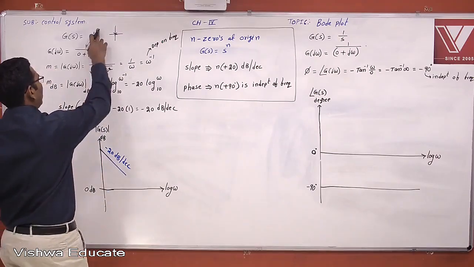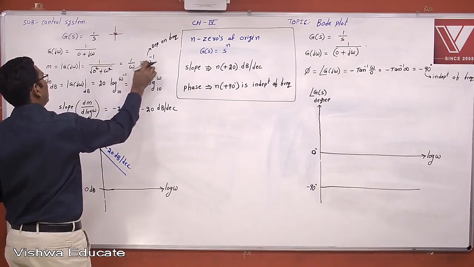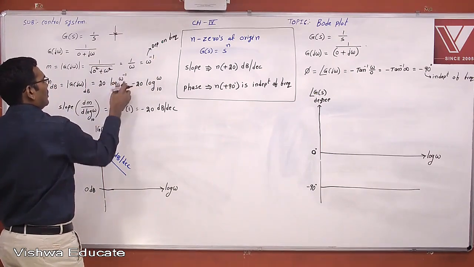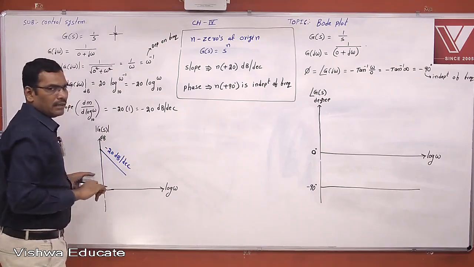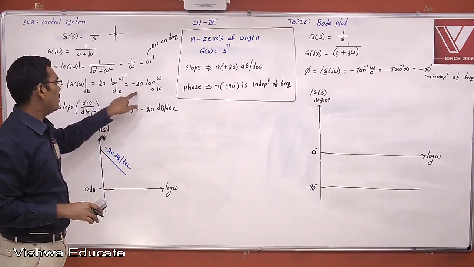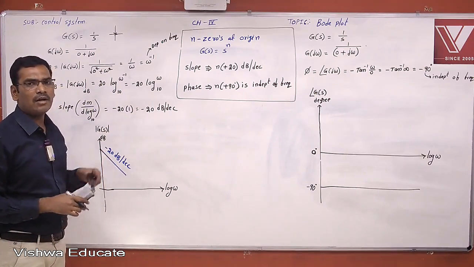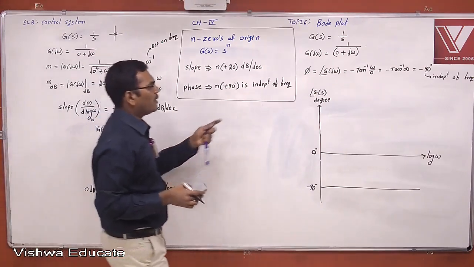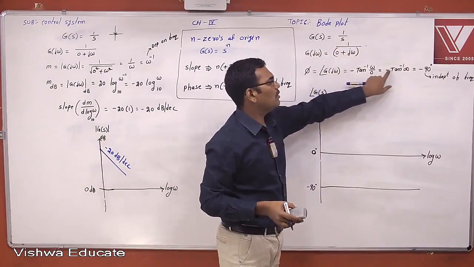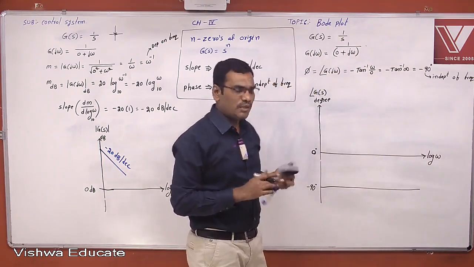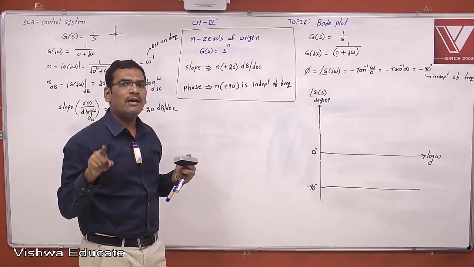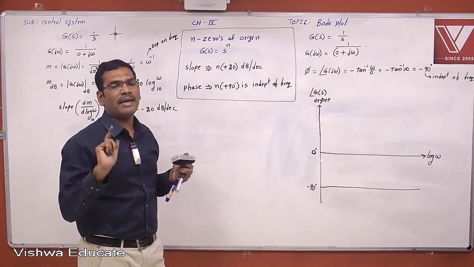If it is 1 by s square, two poles at origin, omega power minus 2, therefore 2 into minus 20, which is minus 40. Similarly for the phase, the denominator gives 2 into minus 90 degrees. One pole at origin: slope is minus 20, phase is minus 90 degrees.